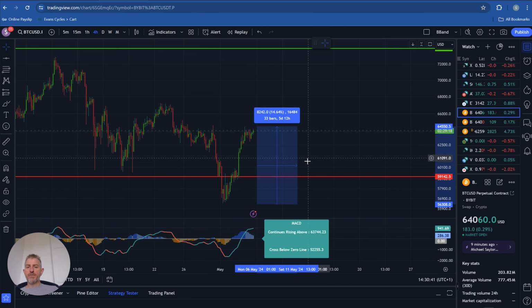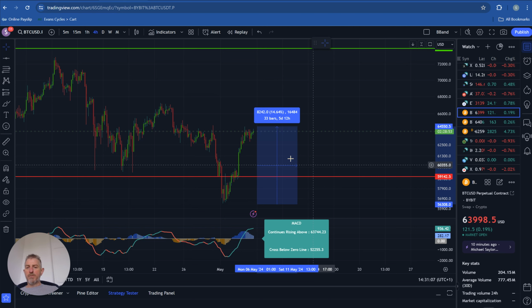The 50% point of this move up is where I personally would like to see Bitcoin remain above, to demonstrate to me a change in character, and then a change from a downtrend into an uptrend. 60,000 is for sure a key area.